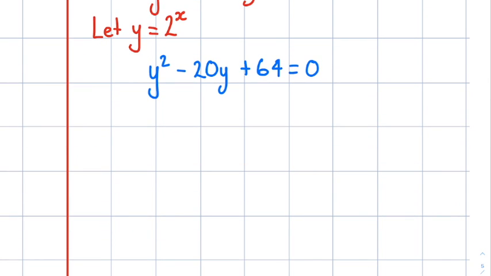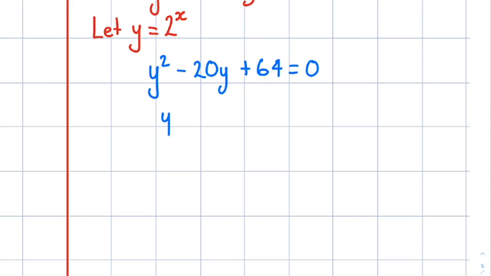I'm seeing a positive 64 here and a negative 20. The negative 20 means my factors must be negative, but because 64 is positive, both factors must be negative, because a negative times a negative equals a positive. Things that multiply to 64: 16 and 4 multiply to 64.